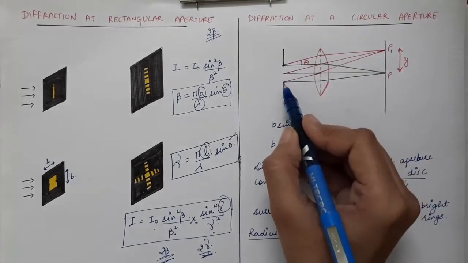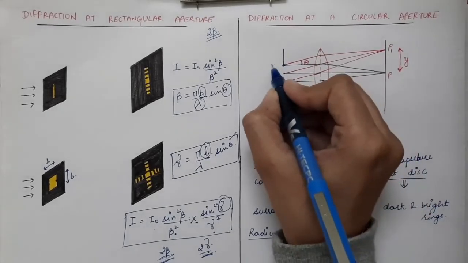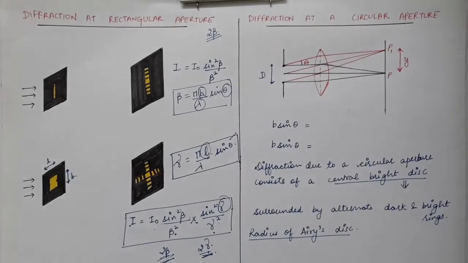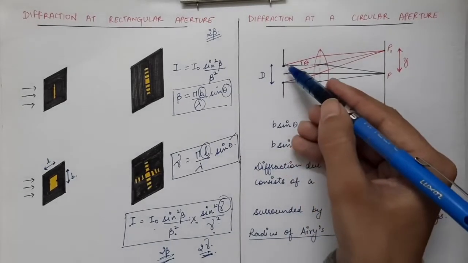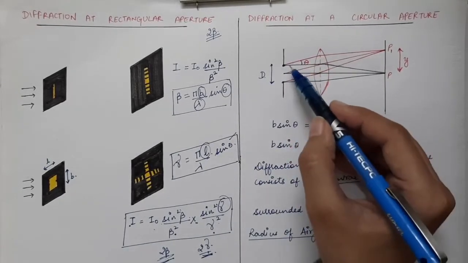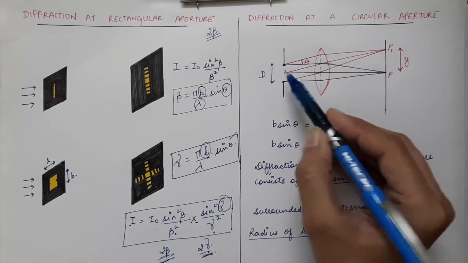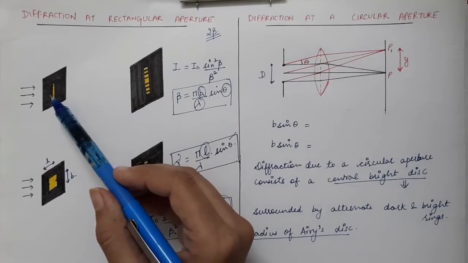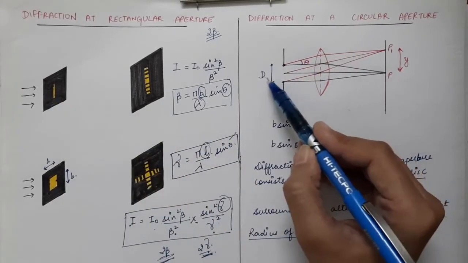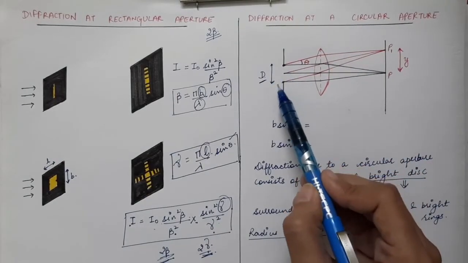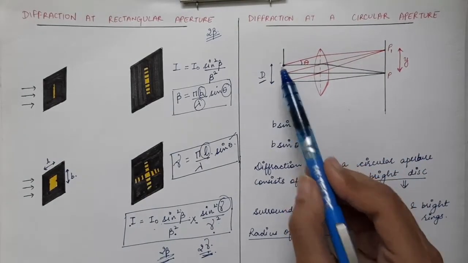This will be one point and this will be another point, and this whole length, which was the width of the slit in the previous case, will now be the diameter of the circular aperture, because in this case the slit has a circular shape. You can draw it in three dimensions also.